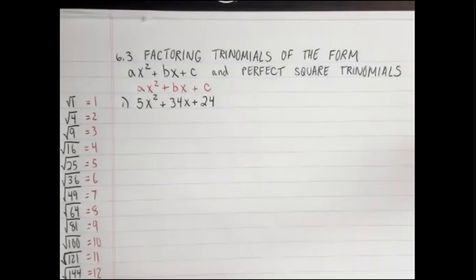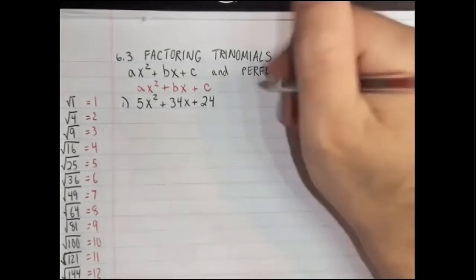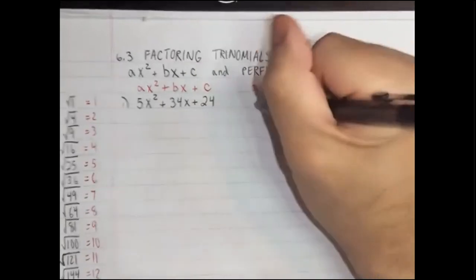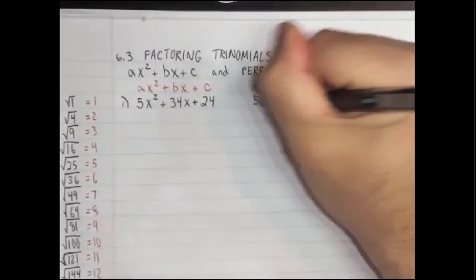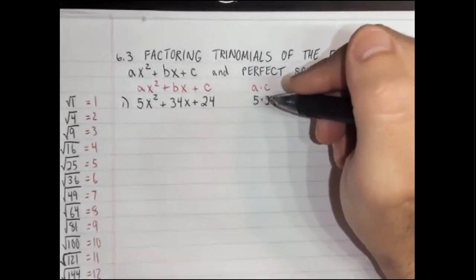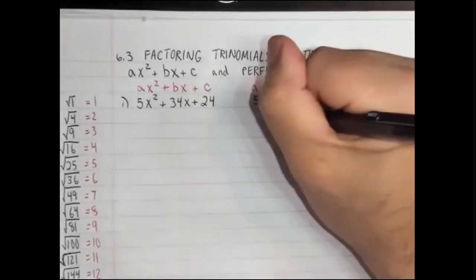The A in this problem is 5, and the C, the constant, is 24. So we do A times C, which is 5 times 24, and that gives me 120.